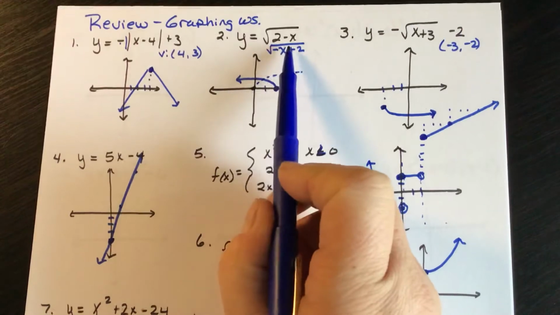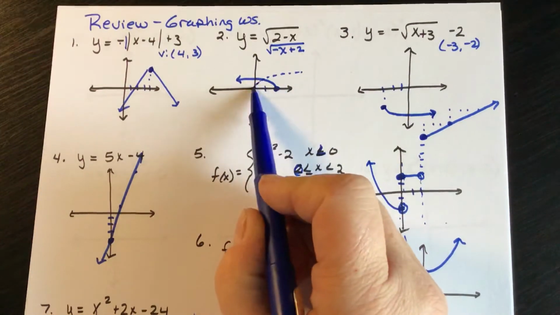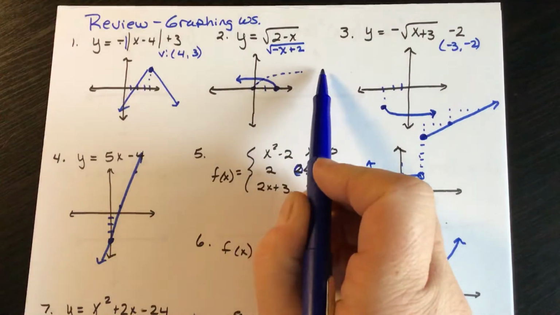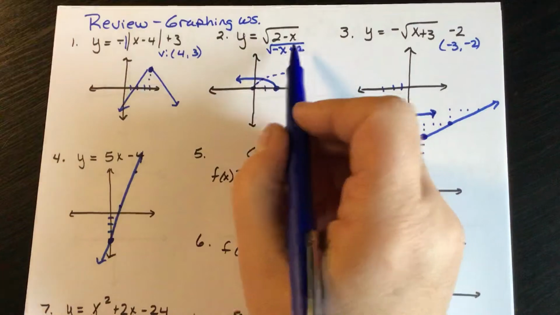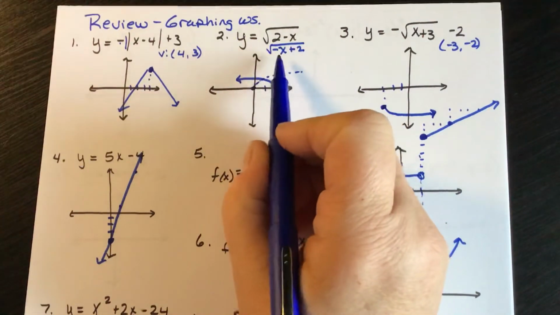Number 2 is a square root function, and the parent function starts at 0, 0, and it works slowly up and to the right. I actually rewrote this so that we can understand it a little bit better.